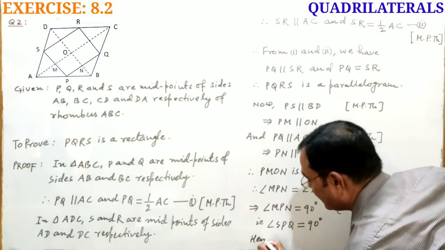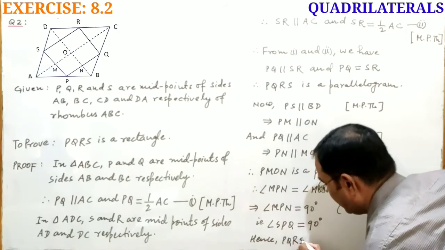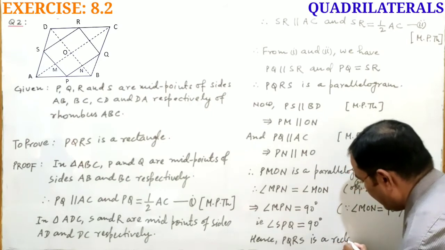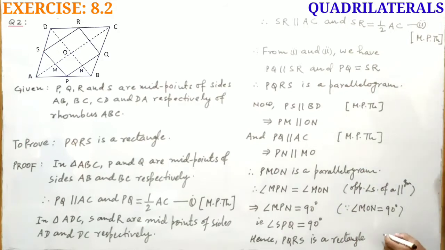Hence, PQRS is a rectangle, hence proved.